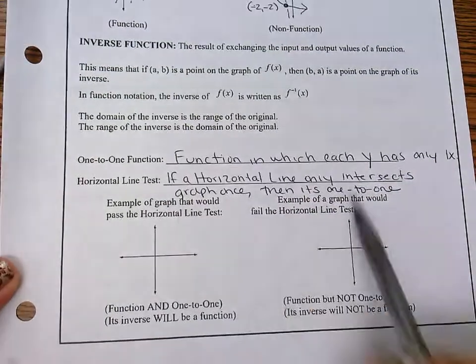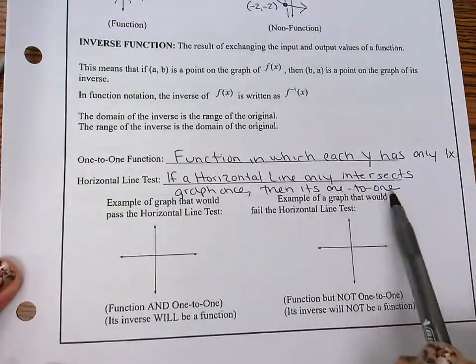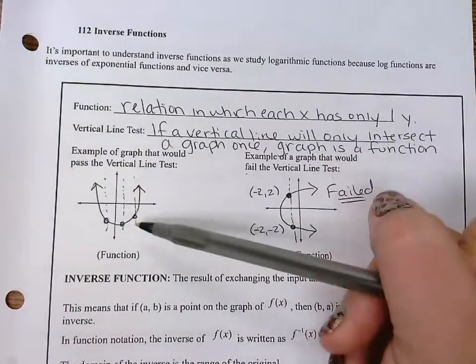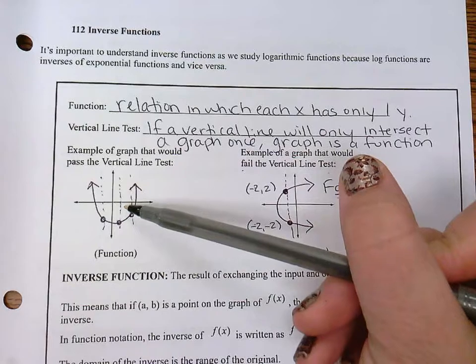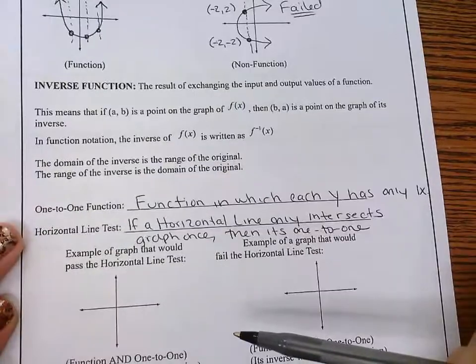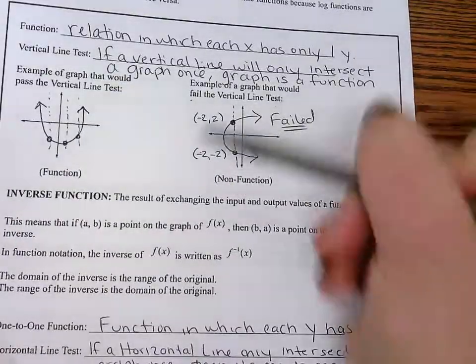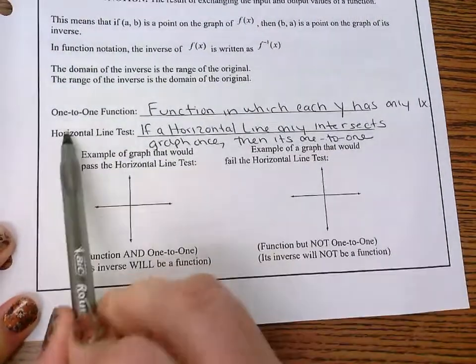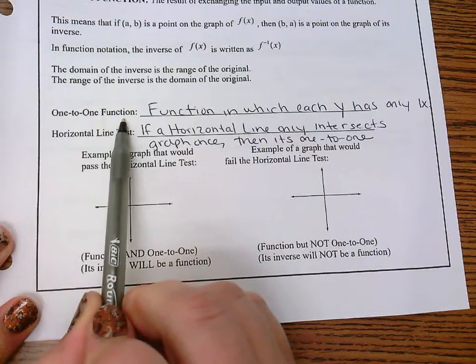So we're looking for the graph to be a one-to-one function. It has to pass the vertical line test first, then we can test it with the horizontal line test. If it has already failed to be a function, we're not even going to test it down here, because this is for a one-to-one function.